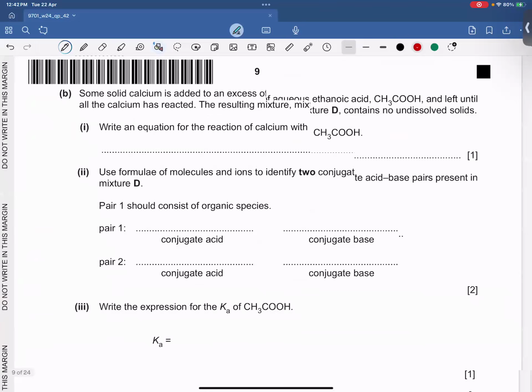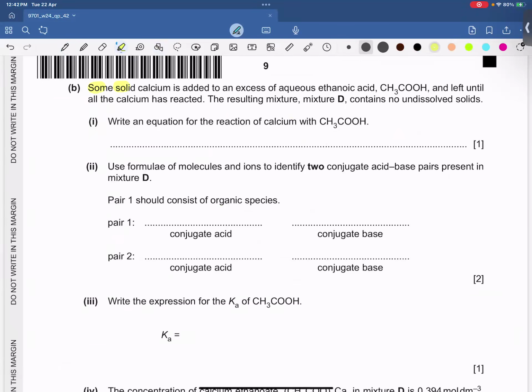Next, part B. Some solid calcium is added to excess aqueous ethanoic acid. First of all, aqueous ethanoic acid means ethanoic acid is placed in water, converting into H3O plus and ethanoate ions.